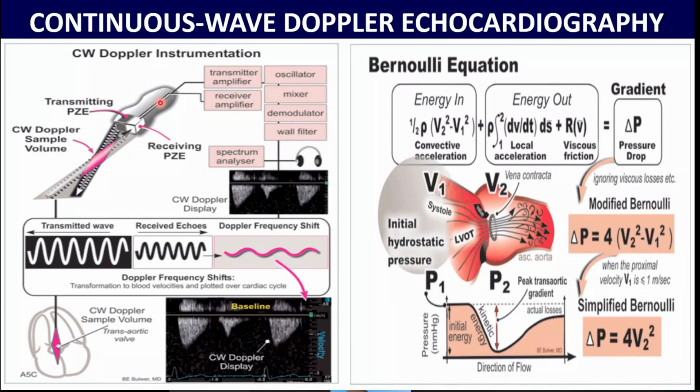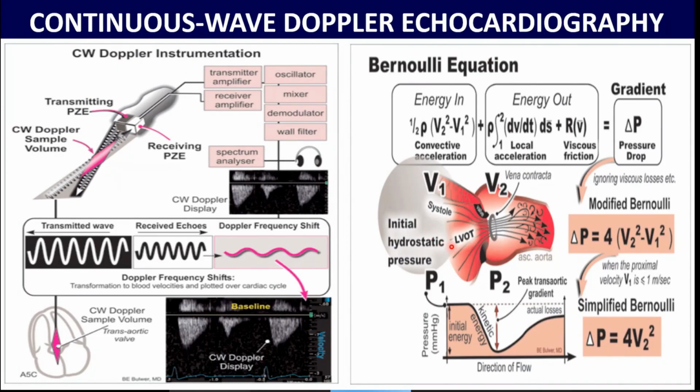And here the Bernoulli equation is demonstrated. This is based on the principle of conservation of energy. The blood flow velocity is increasing. This is the stenotic valve. The blood flow velocity increases across the stenotic valve as the blood is flowing across the aortic valve.